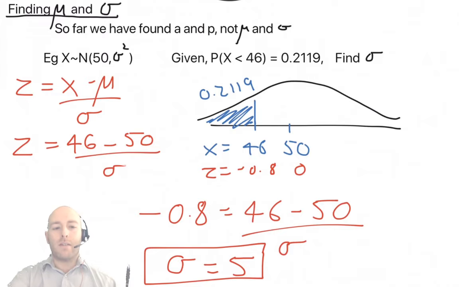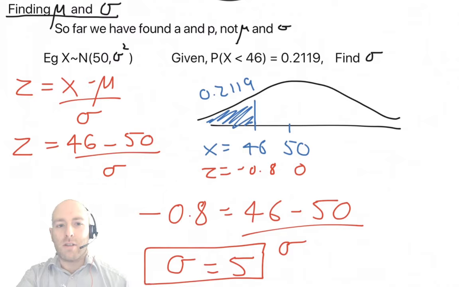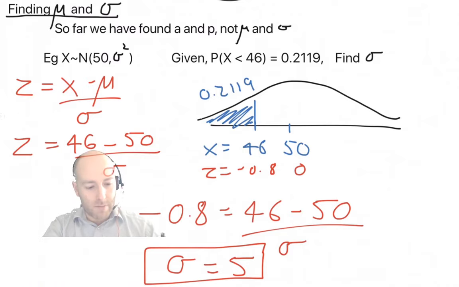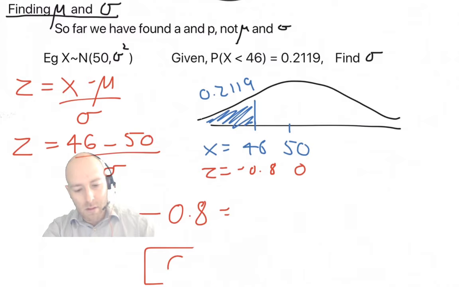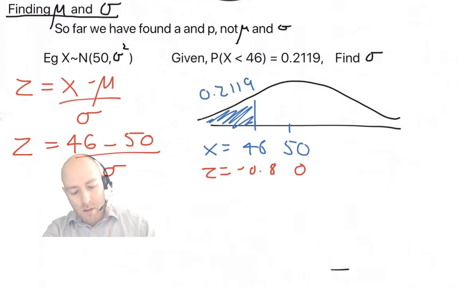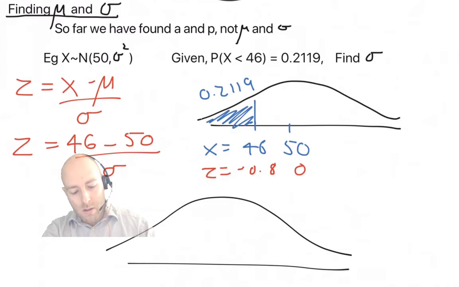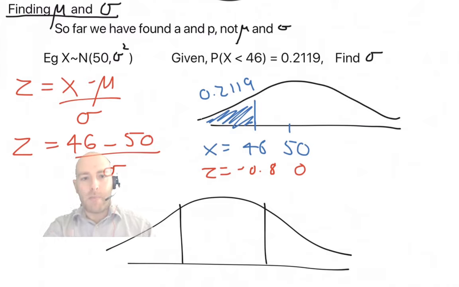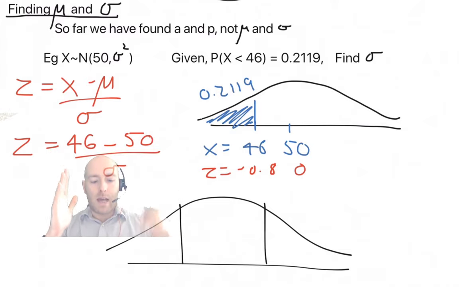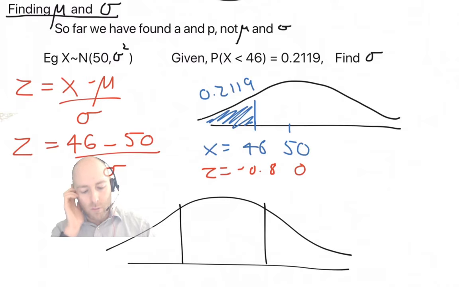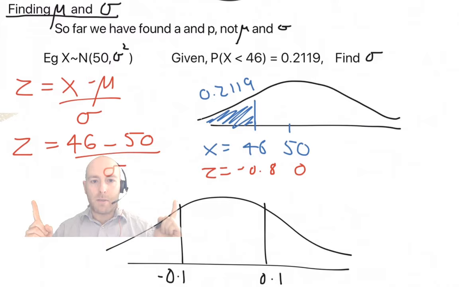Okay, do we ever use central tail? No, central tail, yeah, it's not very good, because for it to be a central tail, you need it to be the same on either side. How often are you going to get, I don't know, 0.1 minus 0.1? How often is it going to be symmetrical about 0?